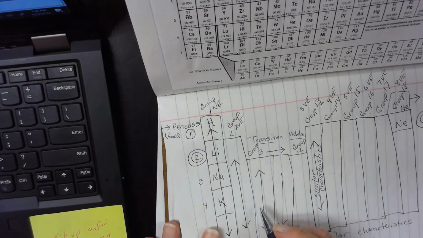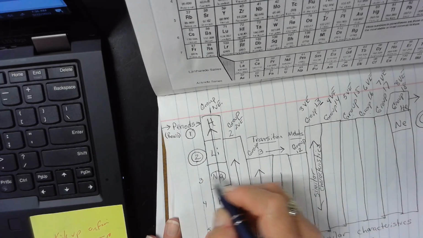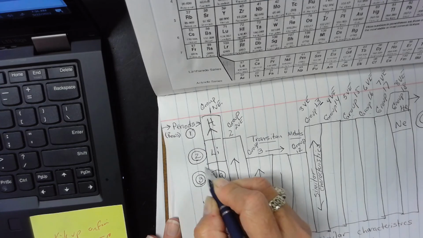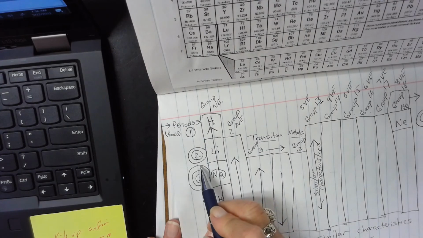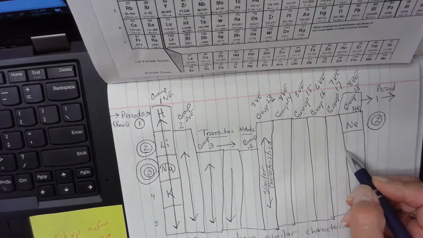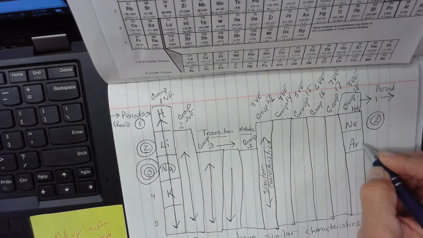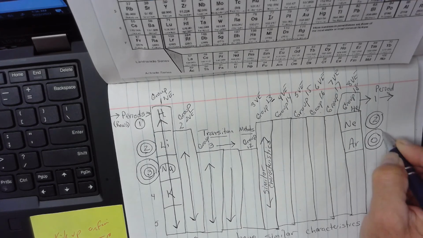And then when you did sodium, you had to make 1, 2, 3 rings for sodium, remember, and it had 1 electron on its outer ring. Well, over here, in that same period, argon, it had 1, 2, 3.